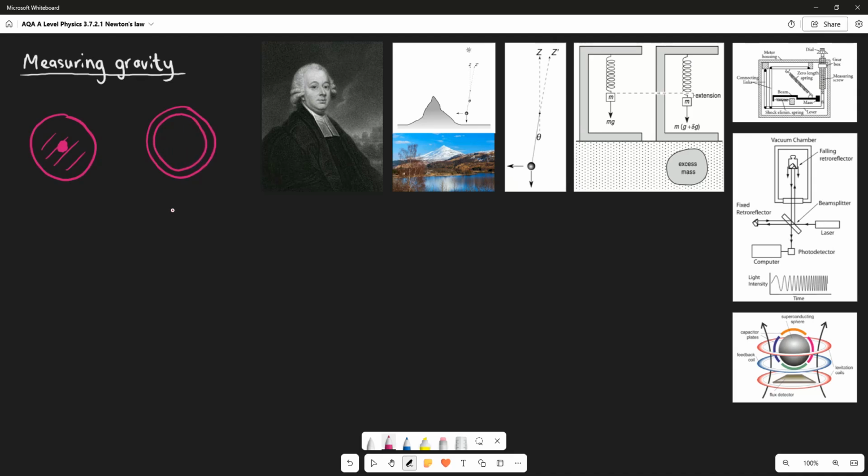One way to test this hollow shell theory is to measure the density of the Earth, which is mass per unit volume. They knew the volume of the Earth, but they did not know the mass. And they could get the mass by using Newton's law of gravitation.